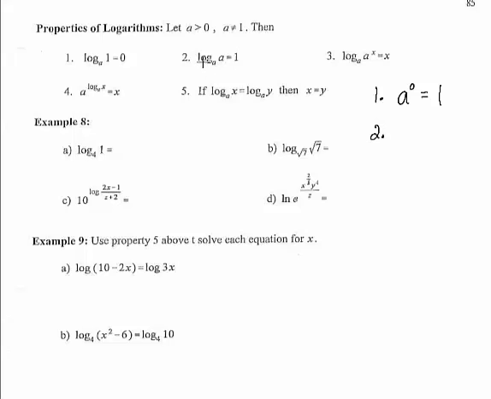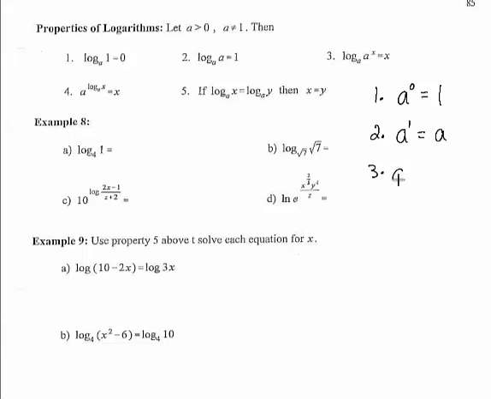2, log base a of a equals 1. Again, writing it in the exponential form, we see that a to the first power equals a. Okay, we learned that in intro algebra, so this property makes sense. 3, log base a of a to the x equals x.